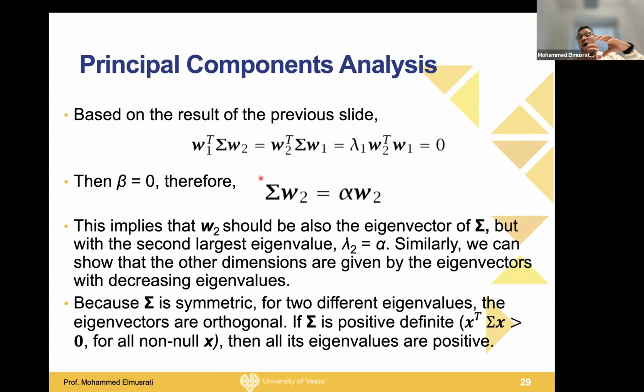So all of them are large values, because the importance of the eigenvector, or the importance of the principal component, is represented by the value of the eigenvalue, how large the eigenvalue is.